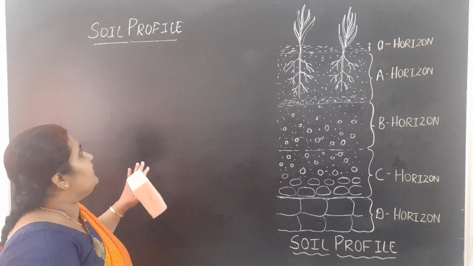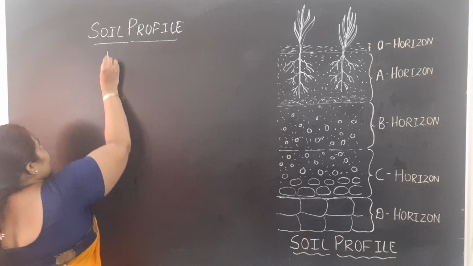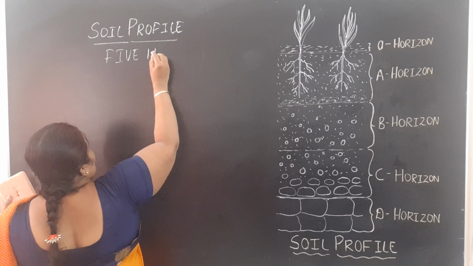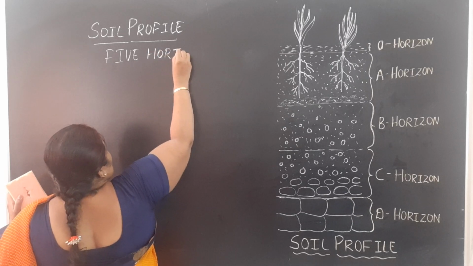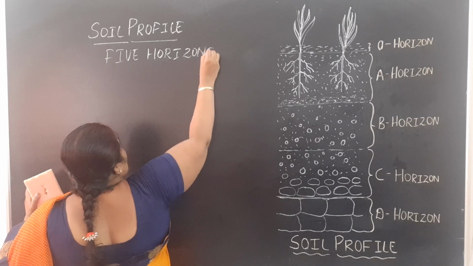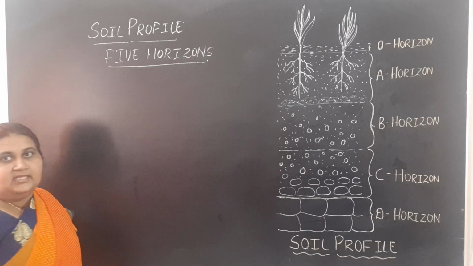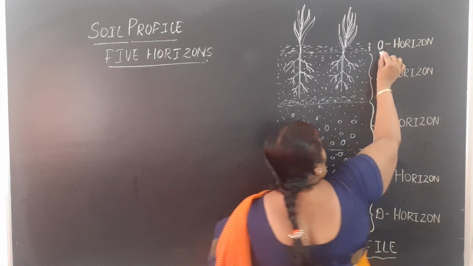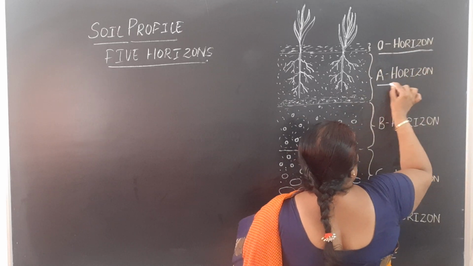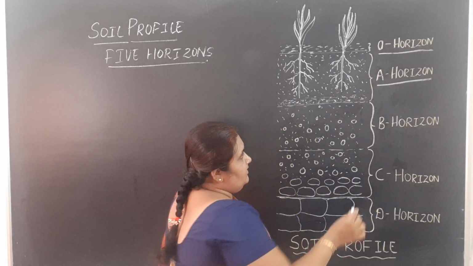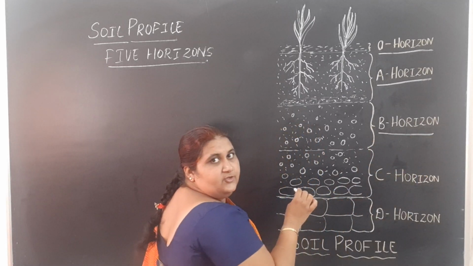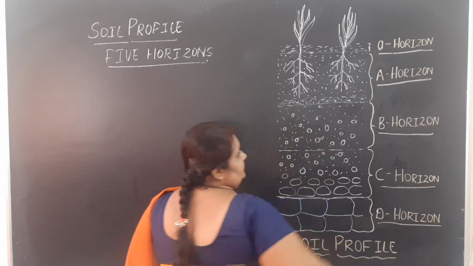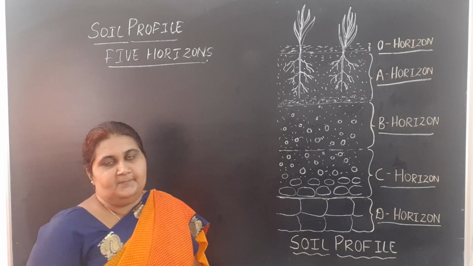How many horizons are visible? There are 5 horizons: O horizon, A horizon, B horizon, C horizon and D horizon.